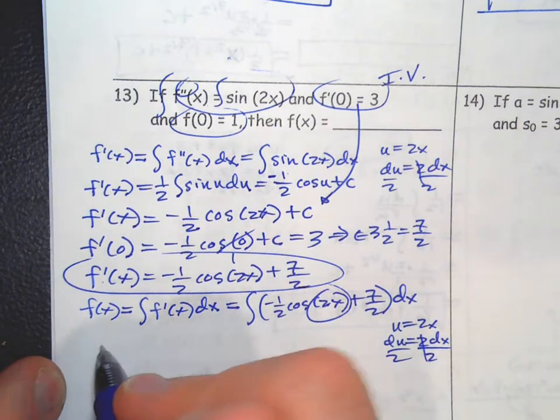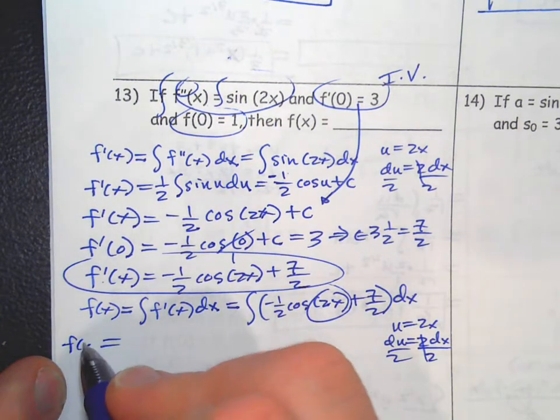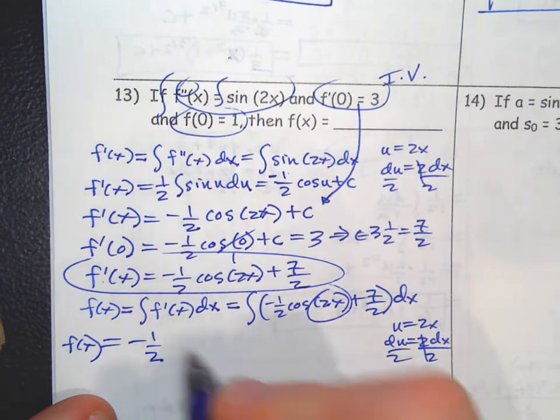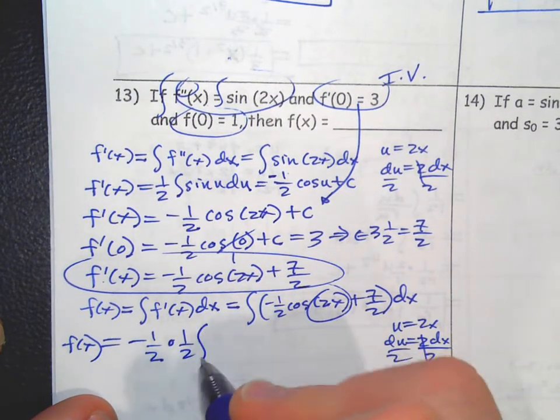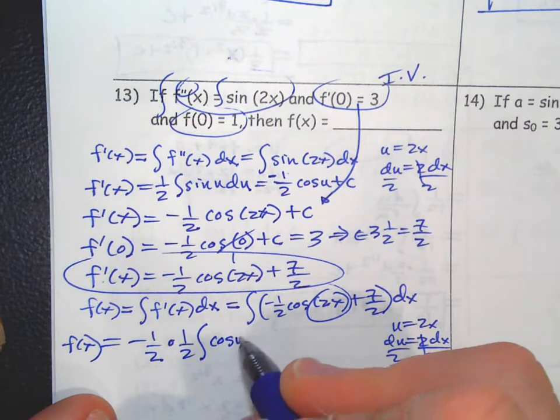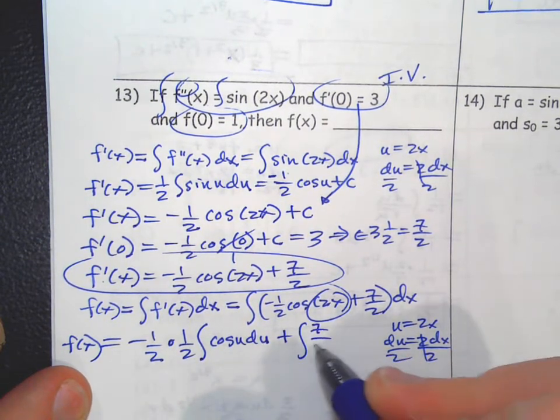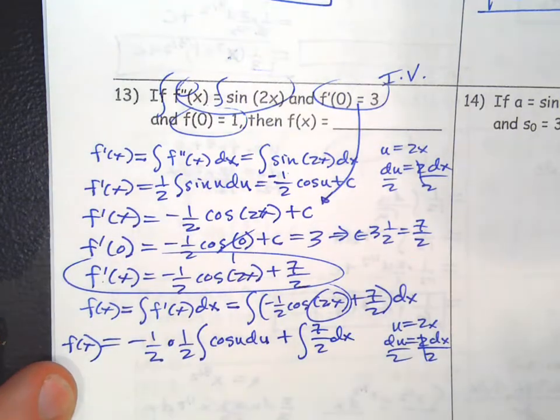I'll show you what I mean. This guy, there's already a negative 1/2. We're going to get another 1/2. And it's going to be cosine u du. I'm going to integrate this one on its own.